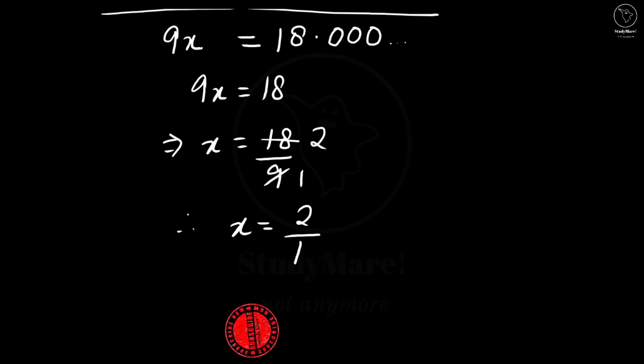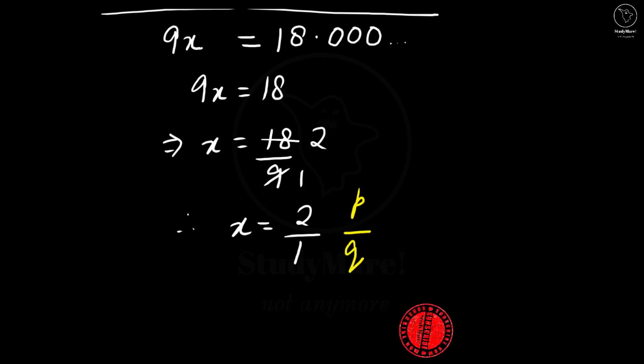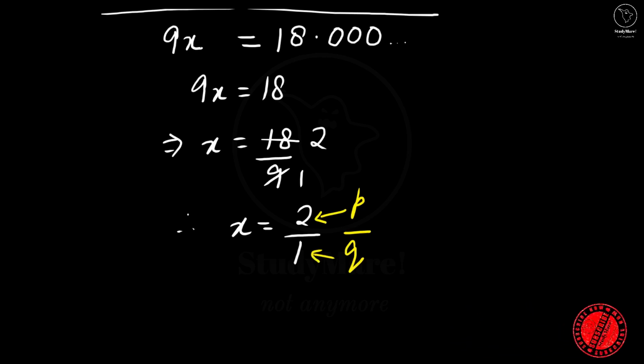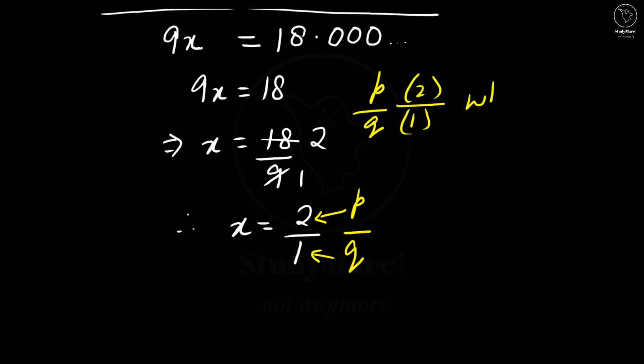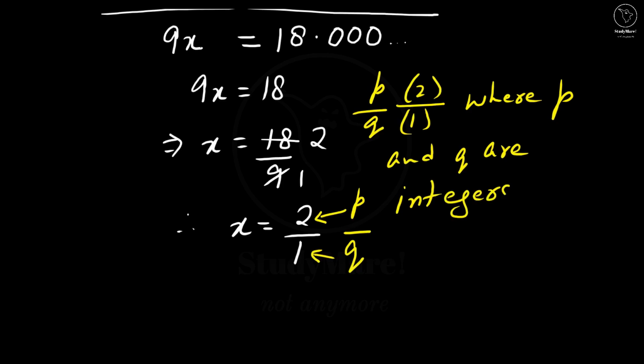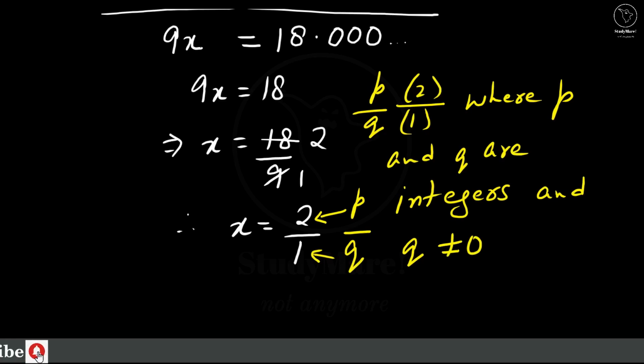Now you see, this is in the form of p by q, where p is 2 and q is 1. So we have got it in the form of p by q, that is 2 by 1, where p and q are integers and q is not equal to 0 since q is equal to 1.